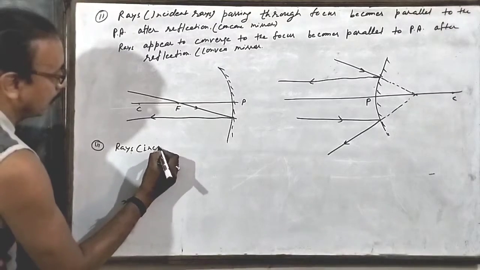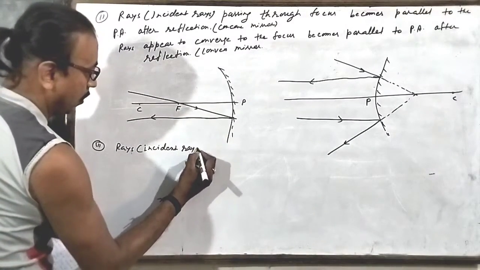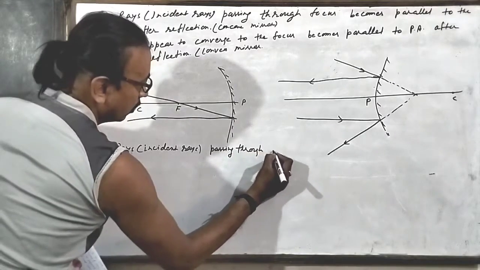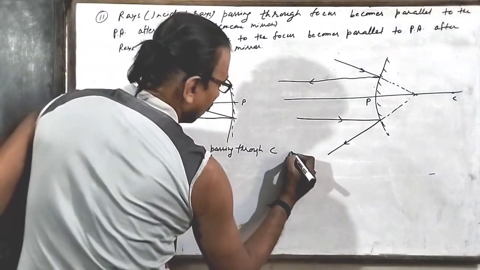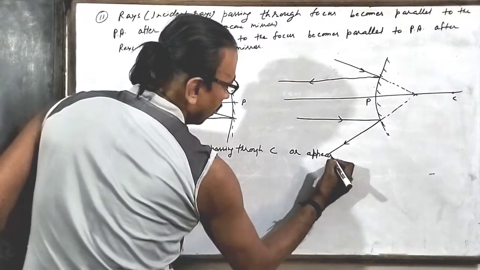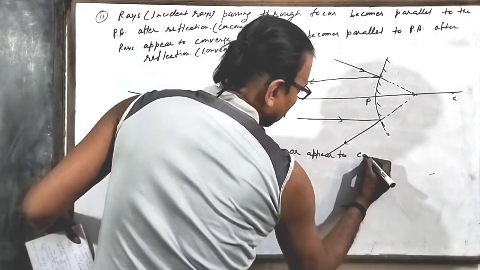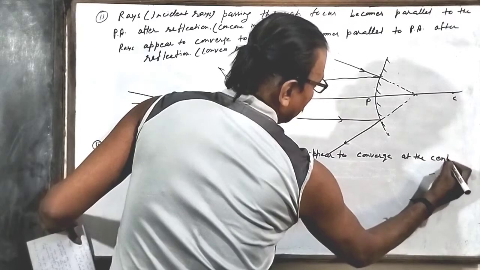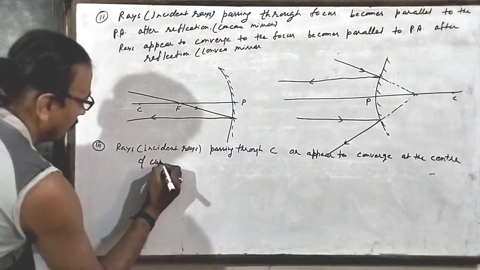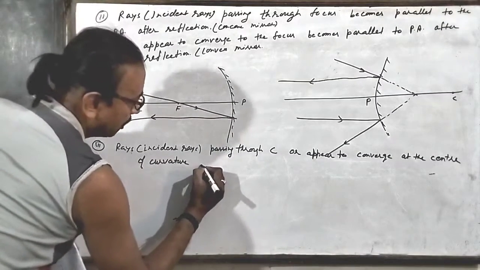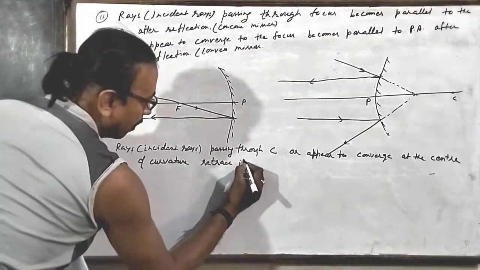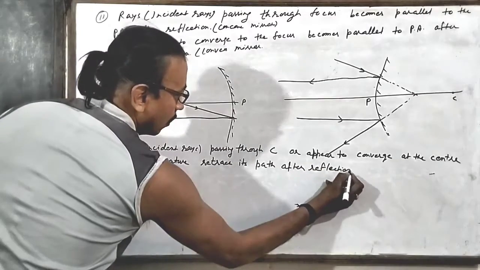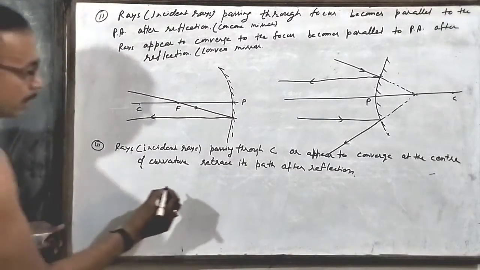Incident rays passing through the center of curvature or appearing to converge at the center of curvature retrace their path after reflection. The ray diagram is like this.